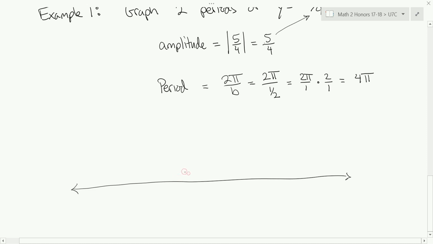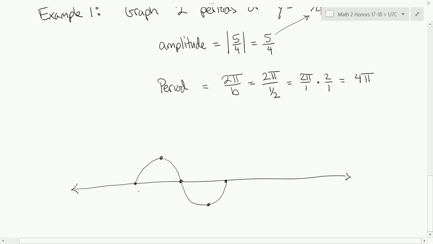And the sine function starts at the x-axis, reaches its max, comes back down to the x-axis, goes to the min, goes back to the x-axis. So I'm putting a point at each x-intercept, each max, each min, because those are the places where we're going to want to label the x-axis. And that's one period of the function.